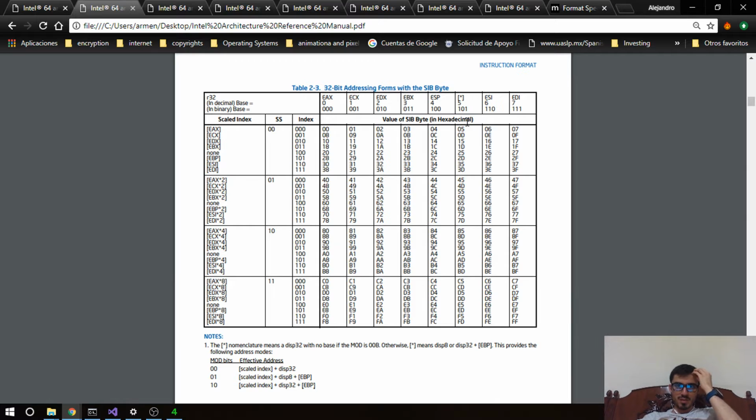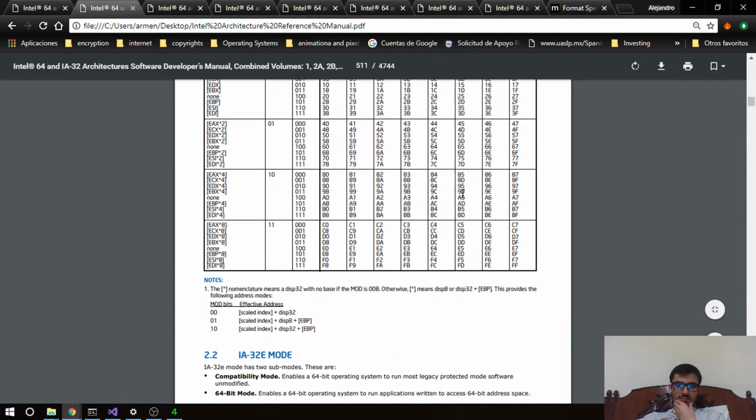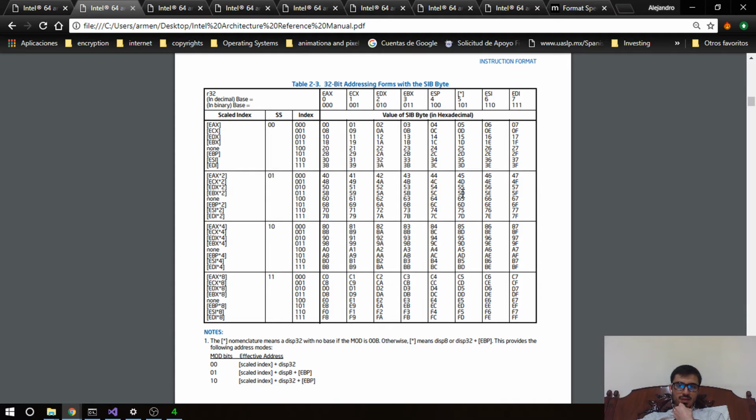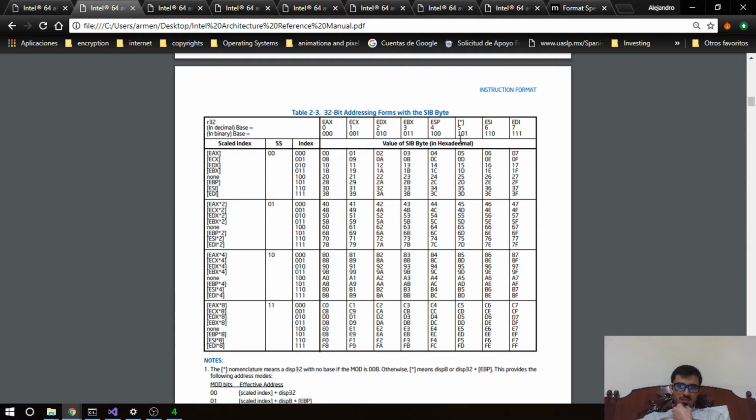So we're moving EBP. That means we have the base. Let me check. We have a scale, index, and the base. So we're looking here at the base, and the base has to have, let's say, 101.